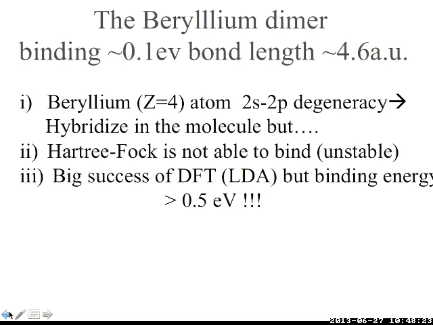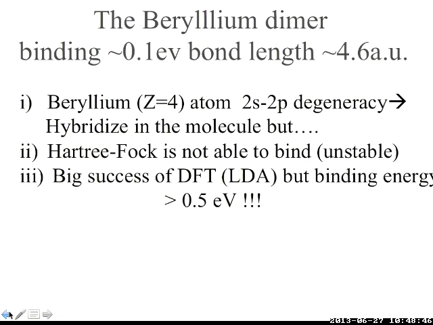If you do Hartree-Fock, for instance, you are not able even to bind the molecule. They like to repel, which is wrong, because you should have the van der Waals interaction that is attractive. A big success of DFT was that you bind the molecule with DFT, but this binding is completely nonsense.